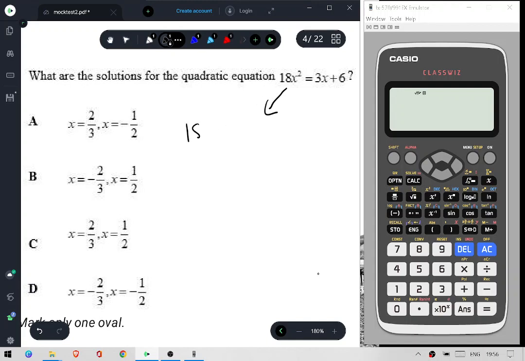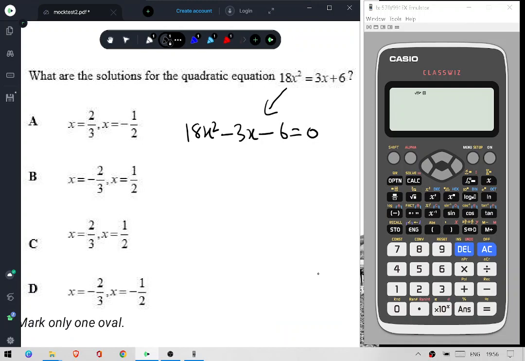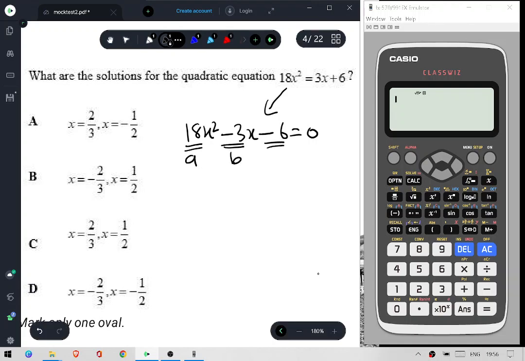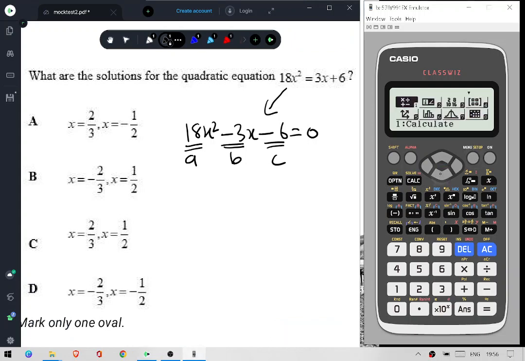So, we have 18x squared. First thing first, you have to bring them to one side like this. Don't wait until here to start looking for A, B and C, for sure it will be wrong. And then from here we know this is the A, this is the B and this is the C. Okay, so go to the menu, we go find equation.